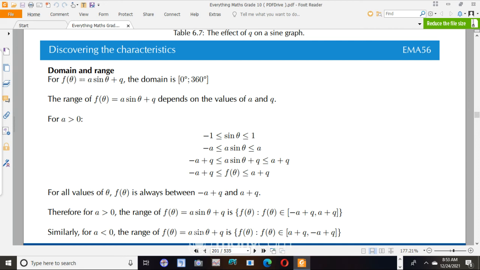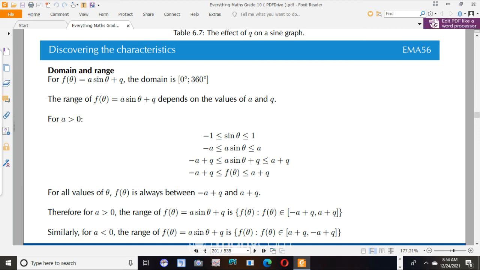Okay, the domain and the range. For f of theta equals a sin theta plus q, the domain is 0 to 360 degrees. The range of f of theta depends on the values of a and q. For a greater than 0, what is the range?